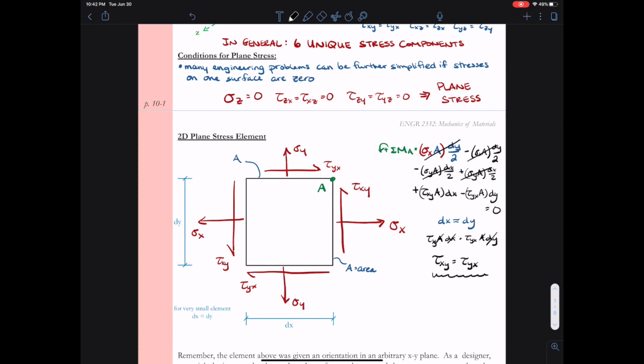As our hero sigma prime indicated, we need to come up with a method of calculating the stress on an arbitrary plane. So what we'll do is make a cut in our element at some random angle, and we want to draw a free body diagram of this wedge.